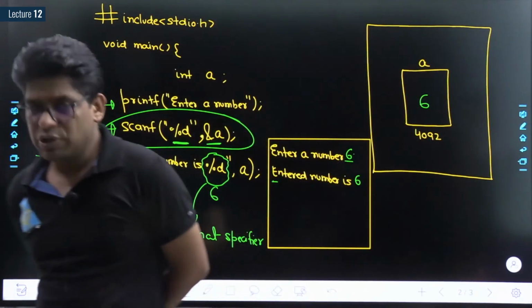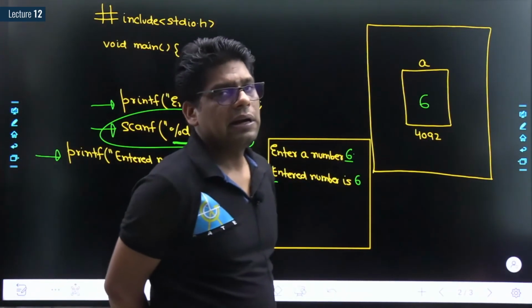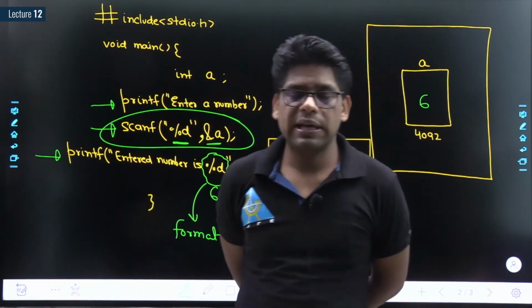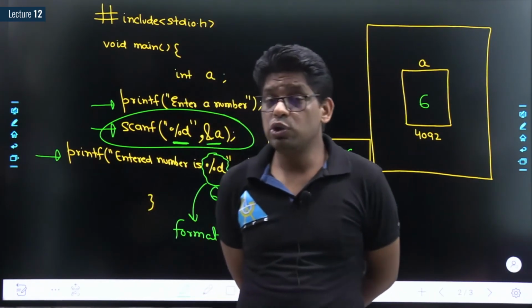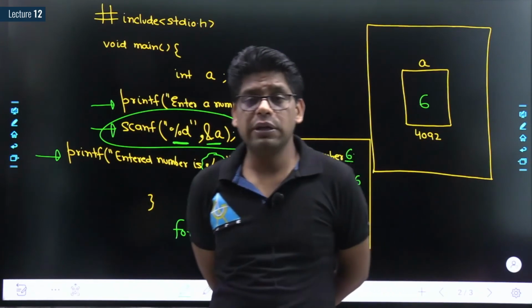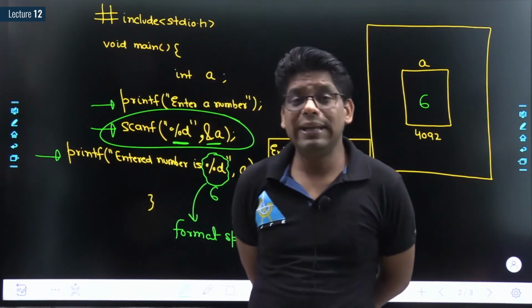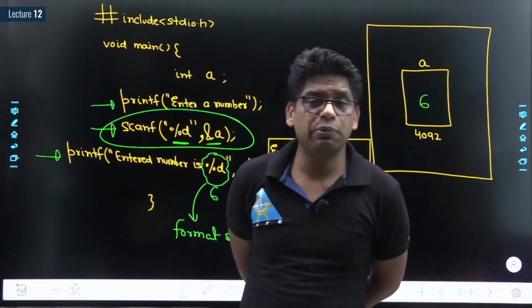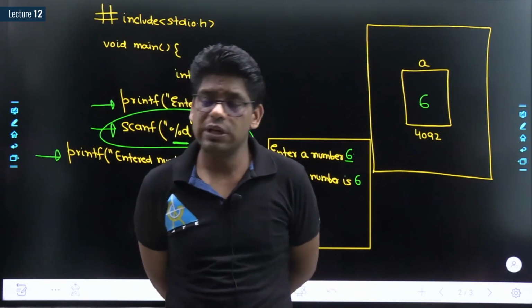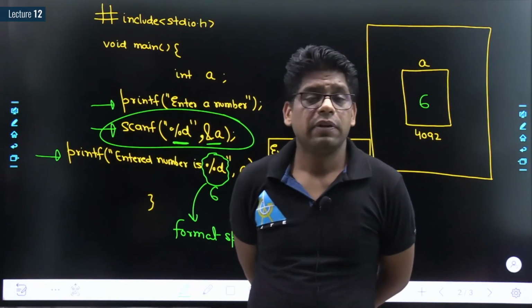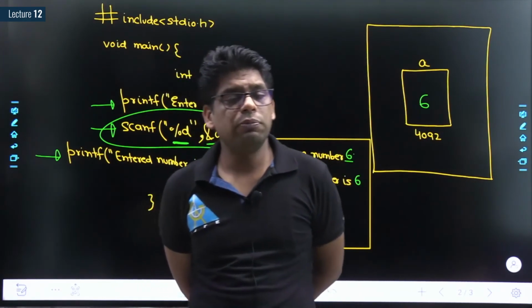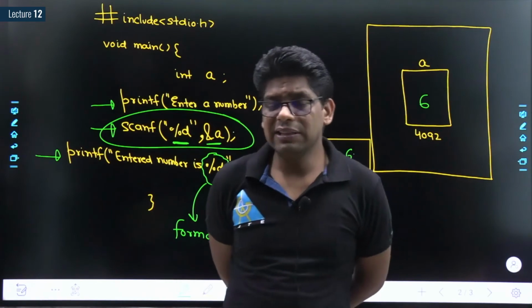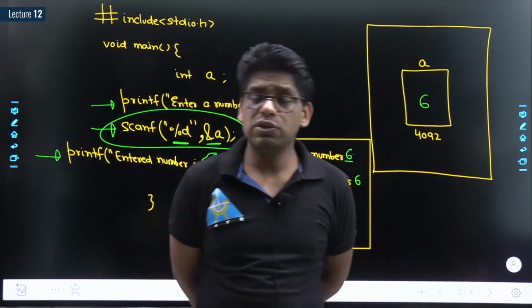I hope conceptual clarity is there regarding the function scanf. Sir, what does scanf do? Scanf is used to read, take, or fetch the input coming from the keyboard. Sir, whatever data comes from the keyboard, for a machine it is nothing but a sequence of 0s and 1s.